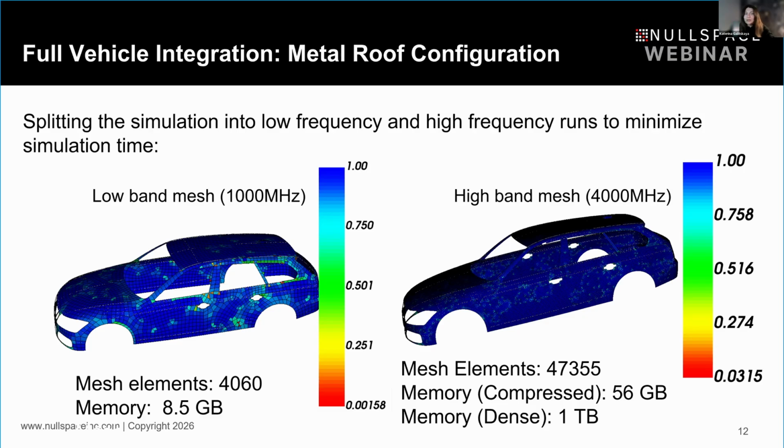If you see the comparison of mesh elements for low band and high band, that's a huge difference. And why would you want to run that for low band if you can just run your appropriate mesh for low band? Or what do you think, Henrik?